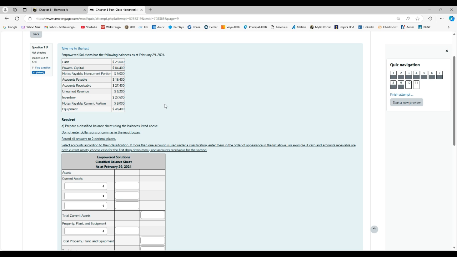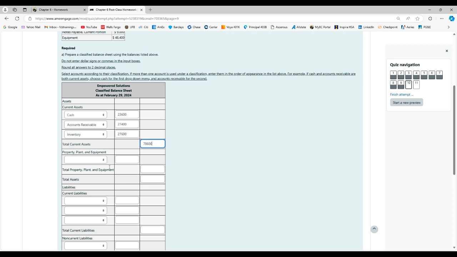Okay, so we have these following balances. We need to prepare a classified trial balance. Let's go through our current assets, listed in order of liquidity: cash, accounts receivable, and inventory. The sum of these is $78,600.